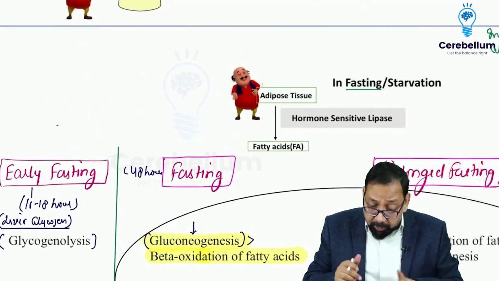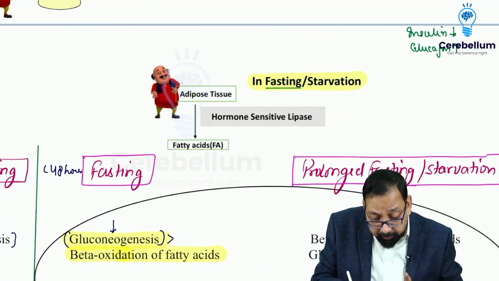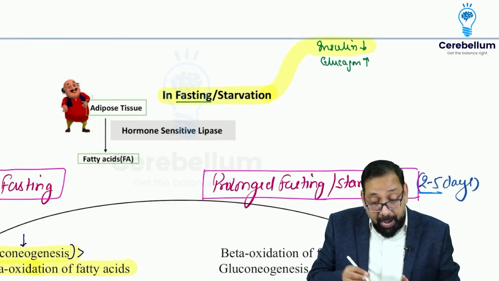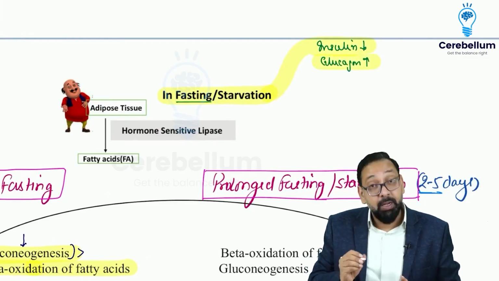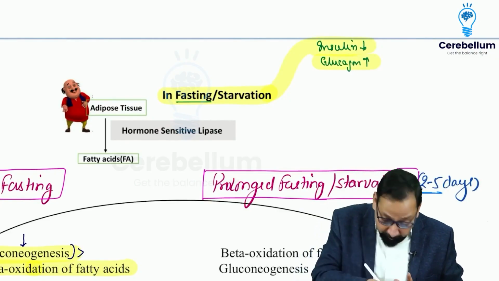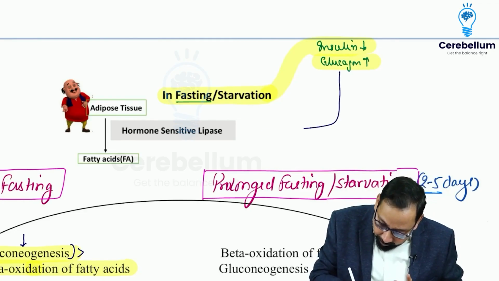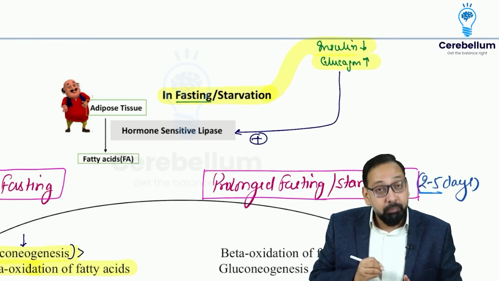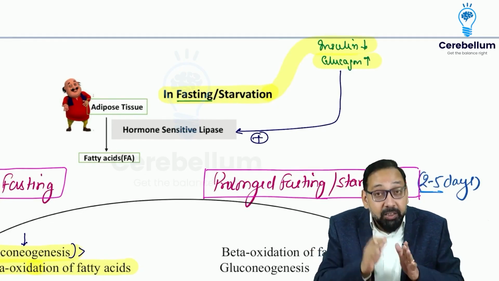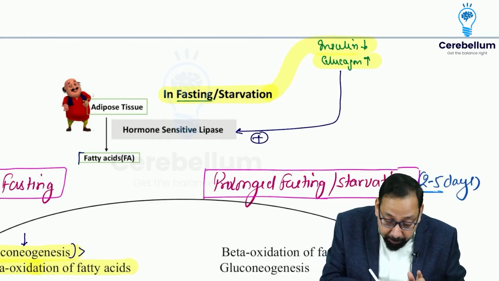Remember, a question is asked: in the fasting state or starvation, insulin decreases and glucagon increases. So the hormone of the fasting state is glucagon. This glucagon activates hormone sensitive lipase. Lipase will cut the lipid, triglyceride, and fatty acid will be released.